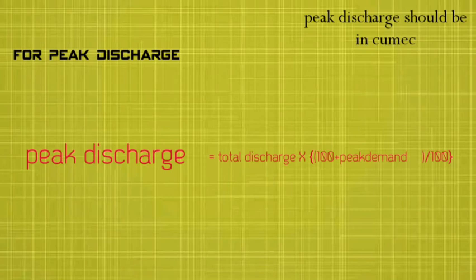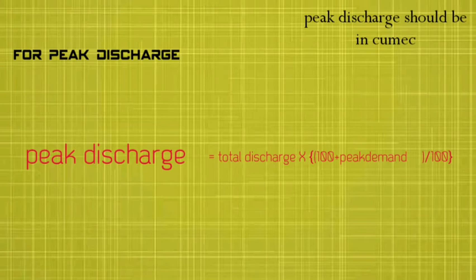So next, to find the peak discharge, you are supposed to multiply the total discharge which you have found in the previous step by (100 plus the peak demand) divided by 100. The first 100 is the total amount, okay.